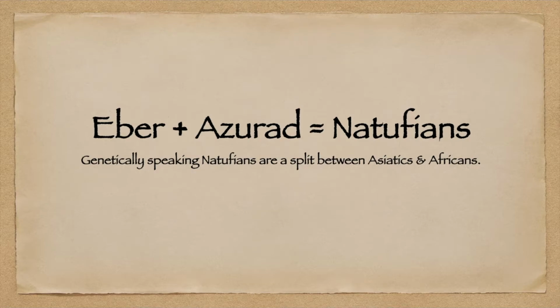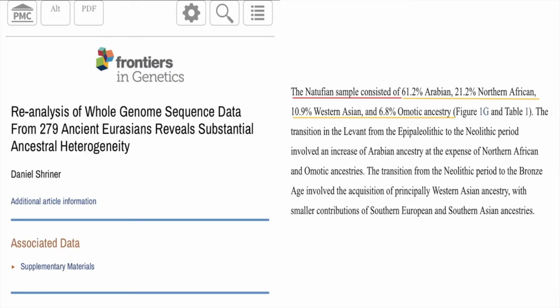Genetically speaking, Natufians are actually a split between Asiatics and Africans. Remember from this study, the Natufian sample consists of 61.2% Arabian, 21.2% North African, 10.9% Western Asian, and 6.8% Omotic ancestry.